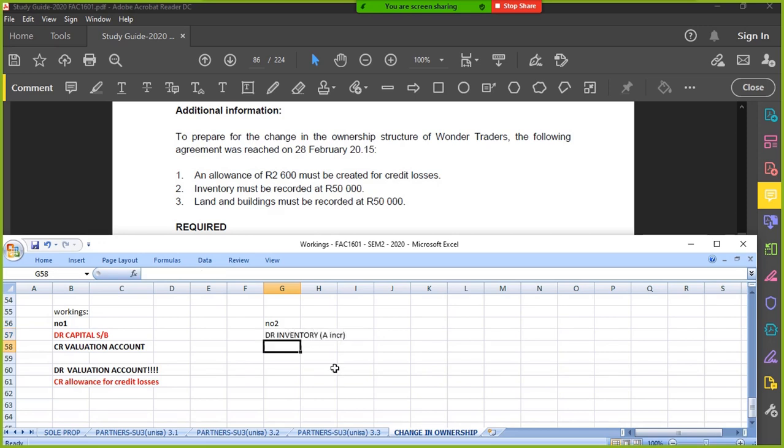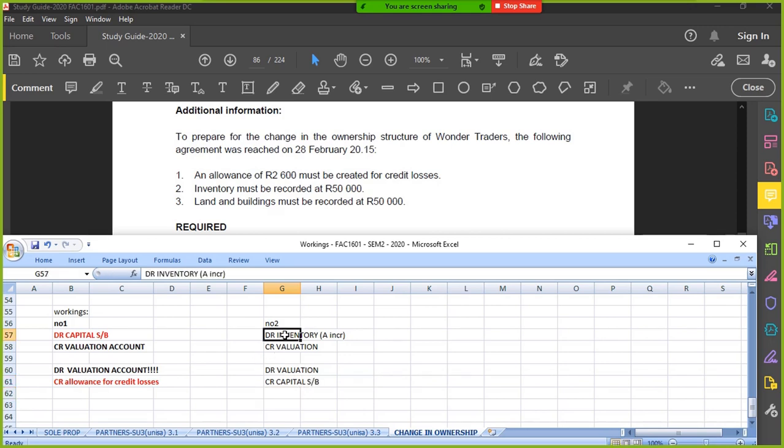Before we look at workings, just get the right debits and credits first. Forget about the amounts. So then we credit valuation account? Yes. And then debit the valuation account and credit capital. Yes, why? Because capital's increasing.